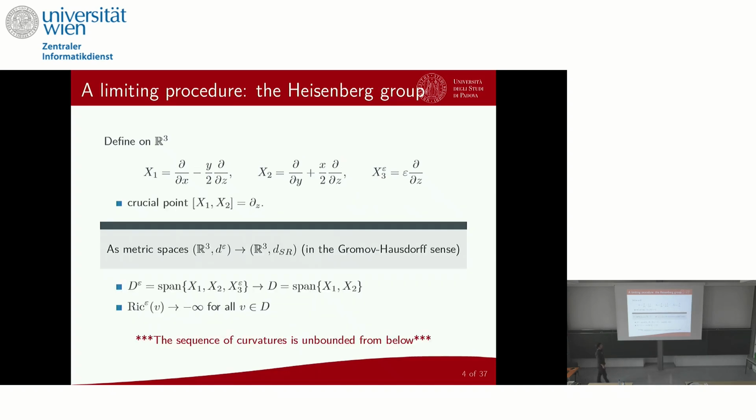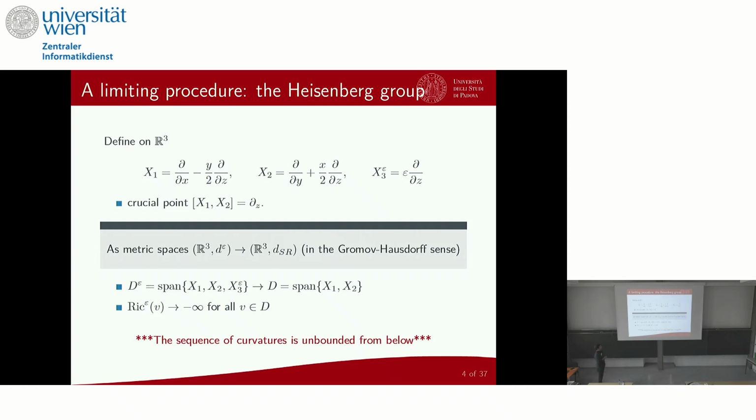So the crucial point here is that this family of Riemannian manifolds converges to something which has a meaning, the sub-Riemannian Heisenberg group, and this limit is a good metric space because of the fact that this third direction, which will be killed by putting epsilon equal to 0, you can recover by computing the Lie bracket of the other two vector fields.